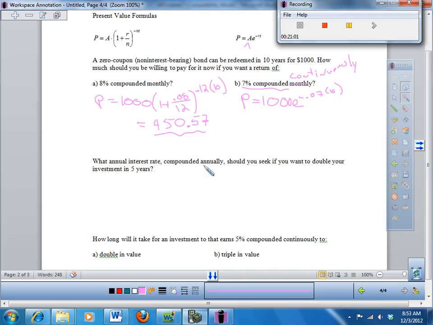What annual interest rate compounded annually should you seek if you want to double your investment in 5 years? This isn't talking specifically about this, it's just talking in general.